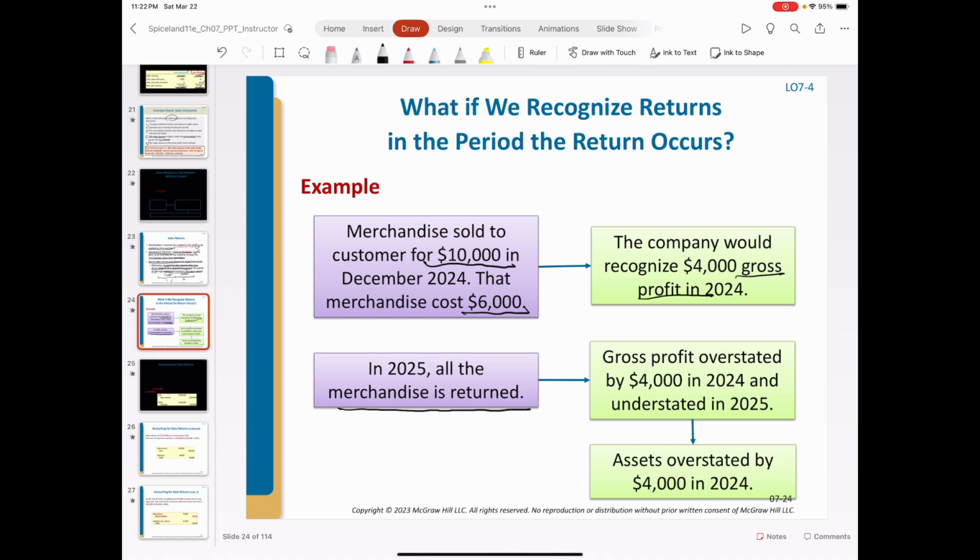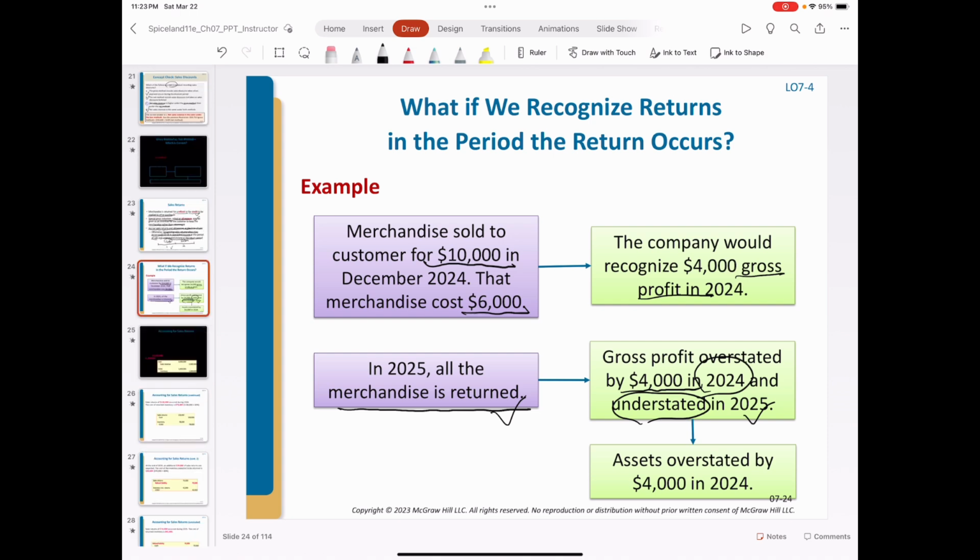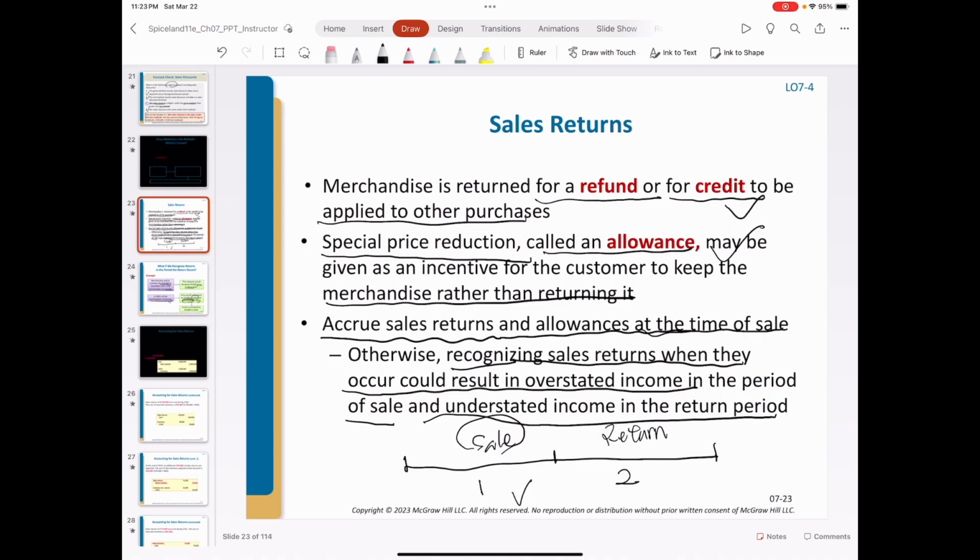At that moment, we cannot account for this return in the next year. In other words, we have overstated $4,000 gross profit in the financial statement of 2024. This overstatement will result in understatement of 2025 when this sales return occurred. To solve this problem, we use the accrue sales return and allowance method.